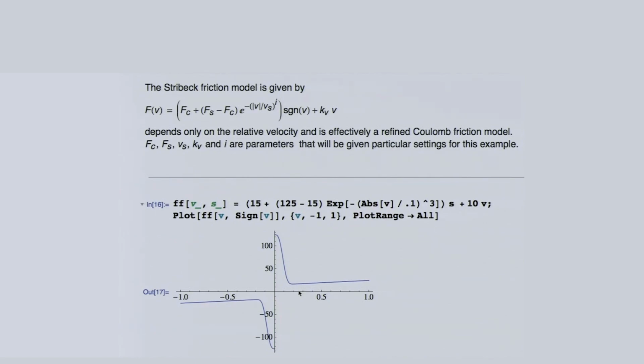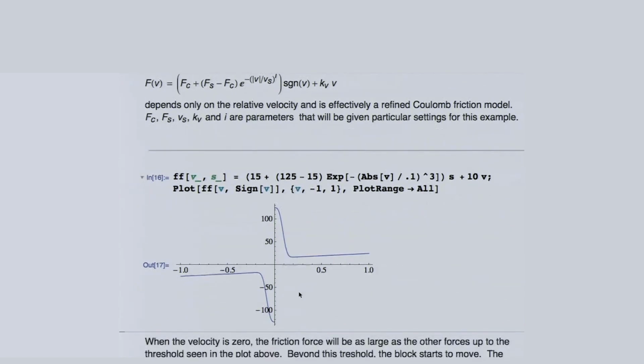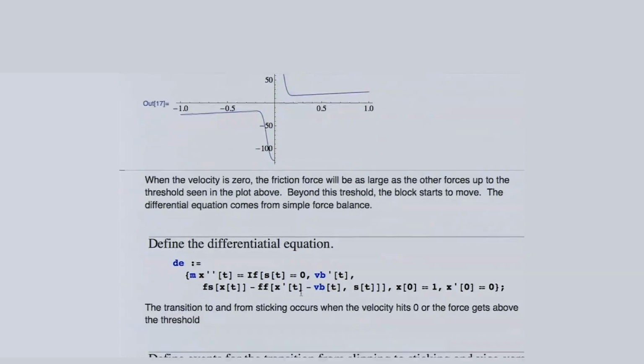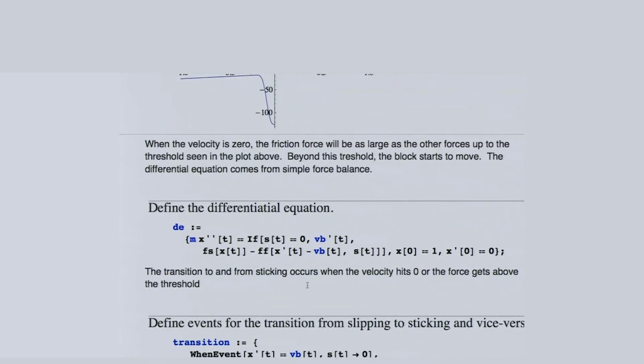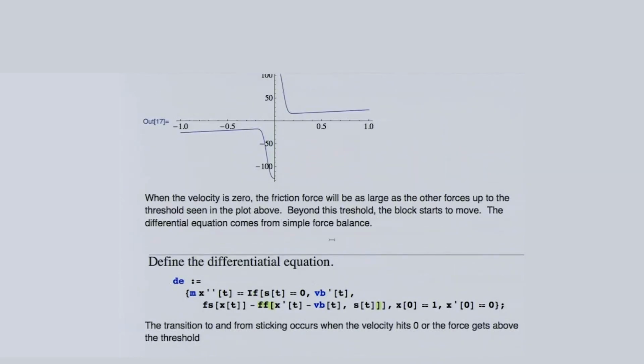So it's a smoothing of the Coulomb type friction model with a static friction. It's thought to be a slightly more accurate model that tries to mimic some of the molecular level stuff, but who knows if it really does it or not. So here's what the differential equation is. So I have two forces here. I have a differential equation, F equals ma. Here's the acceleration.